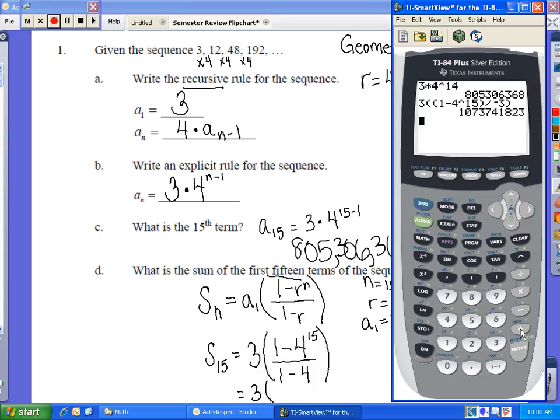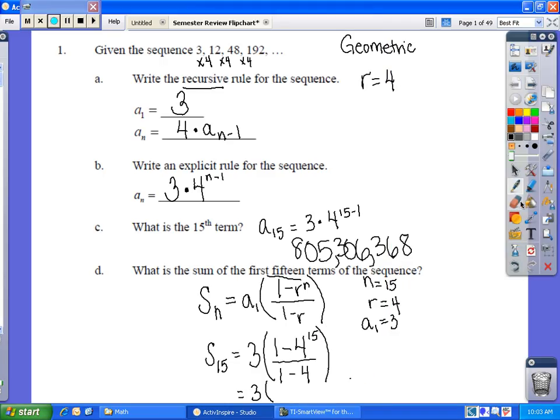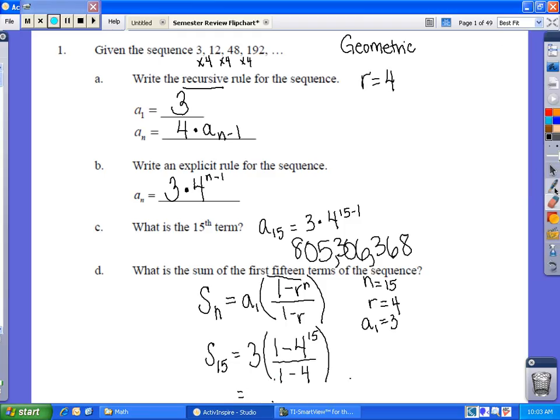Hit enter and you should get 107, 374, 1823. And put in your commas, and you get 1,073,741,823.